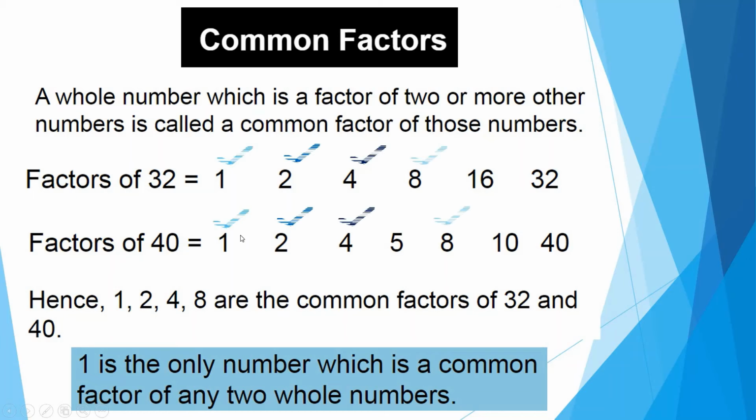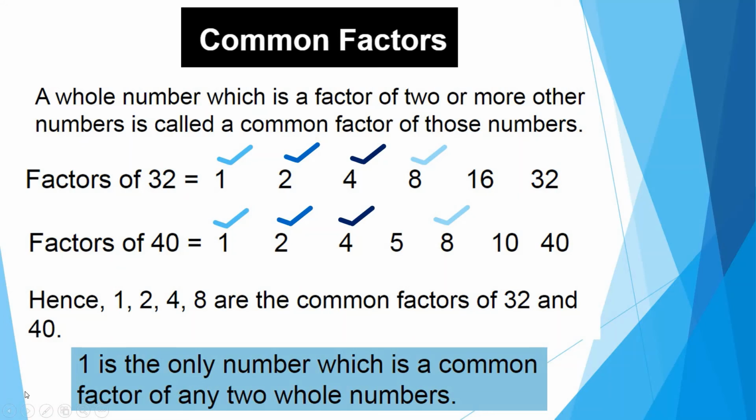Now here, as you can see that 1, 2, 4 and 8, these four numbers are the common factors for both the numbers 32 and 40. So it can be said that the numbers 1, 2, 4, 8 are the common factors of 32 and 40.